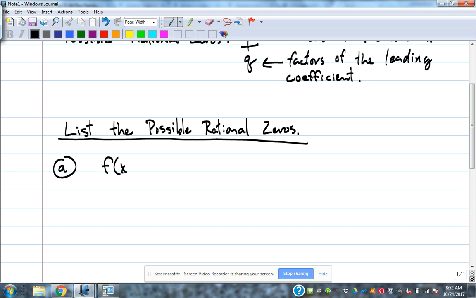Let's take a polynomial like this. F of x is equal to x cubed plus 2x squared minus 11x plus 12. When I say the P over Q list or the possible rational zeros, this number is P. What's in front of x cubed? A 1.